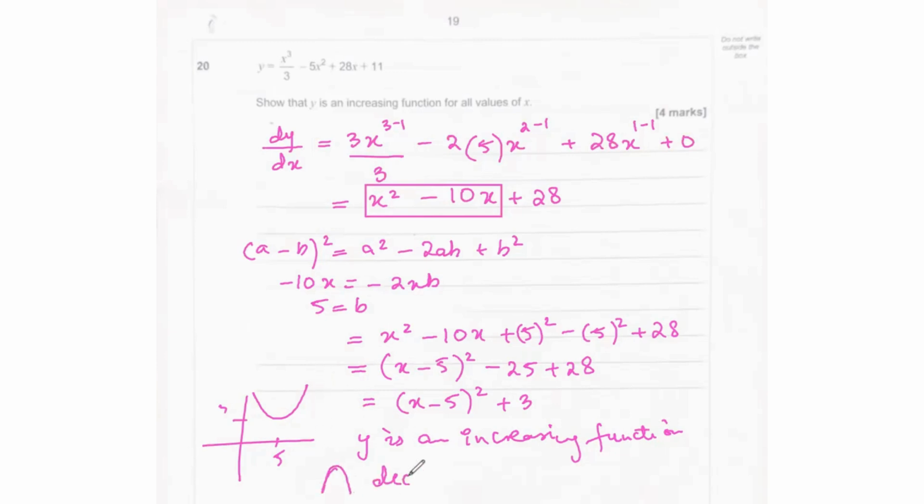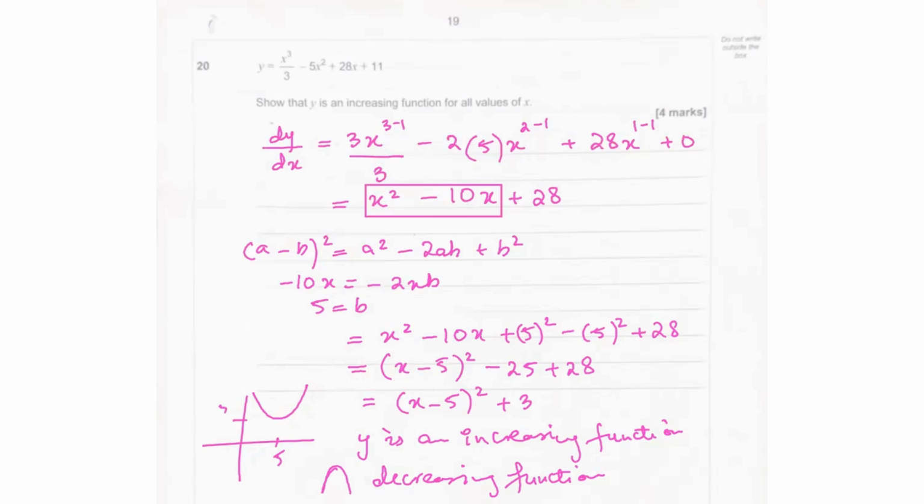This is for a decreasing function. So you need to know how to identify what shows an increasing function, what shows a decreasing function, how your coordinates give that. If there was a negative sign over here outside the bracket, then it would be a decreasing function. Since it's positive, that's why it's an increasing function.